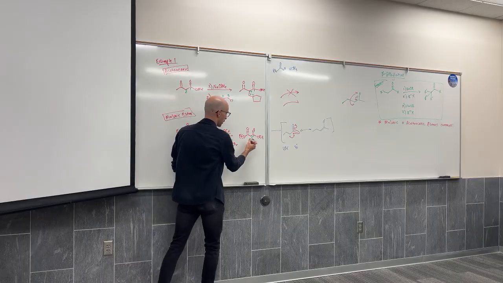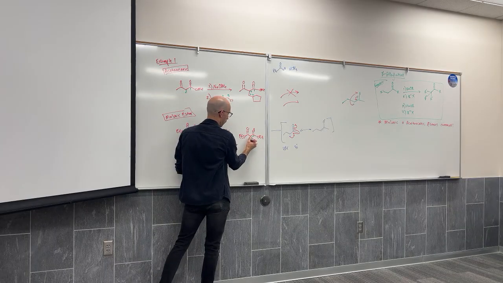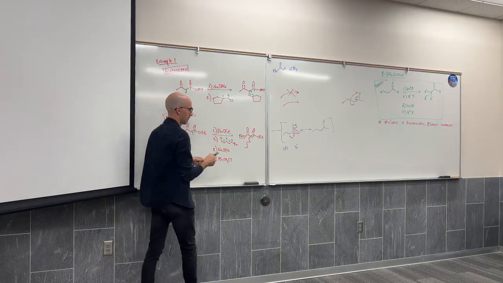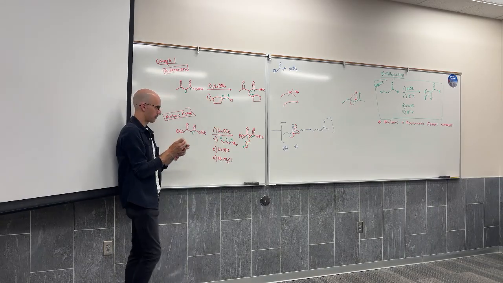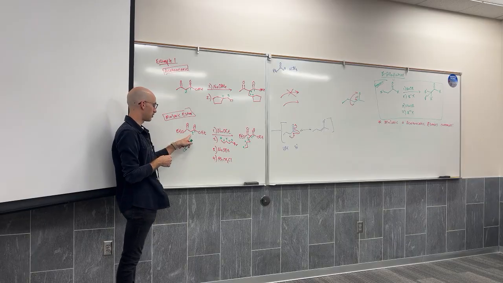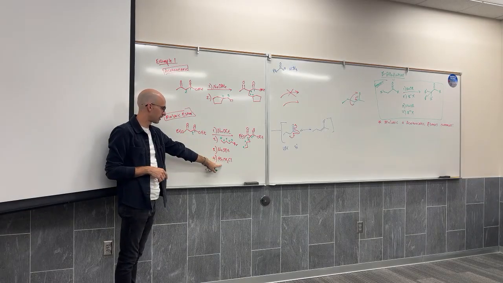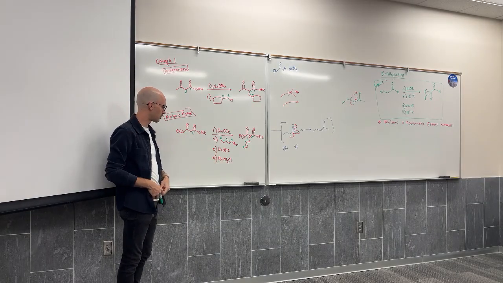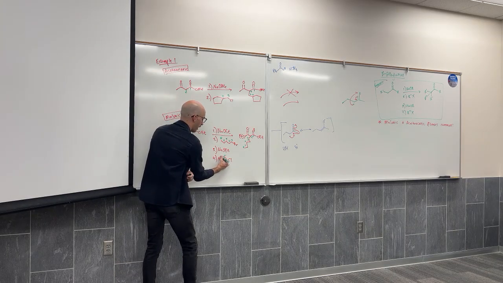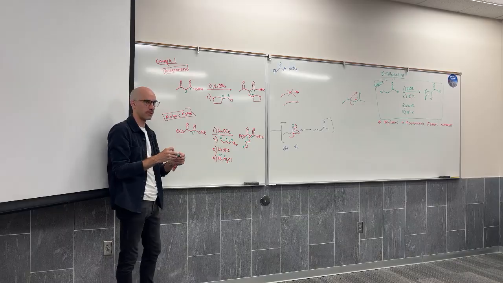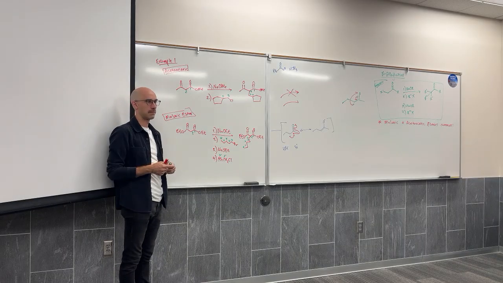So then carbon 3, 4, 5, 6, 7. But then carbon 2 also attacks here at benzyl chloride. So carbon 2, I'm going to call this 3 prime, and then the benzene ring will be 4 prime.